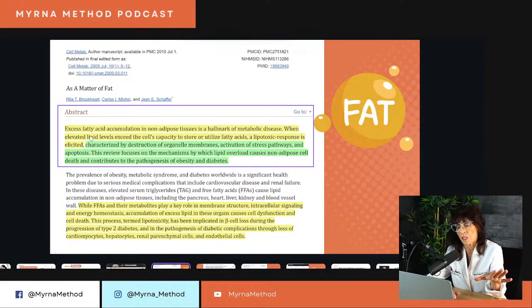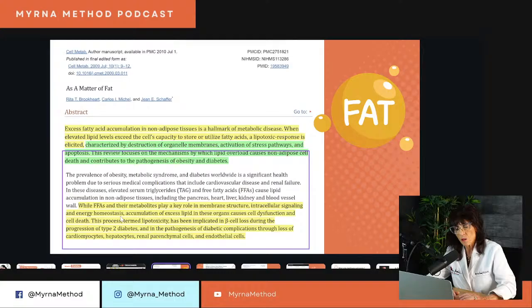And it says in this study, when elevated lipid levels exceed the cell's capacity to store utilized fatty acids, a lipid toxic response happens. And it's characterized by a destruction of the organelle's membrane. This is an activation area where these ceramides go and really cause what's called apoptosis, somewhat cell death.